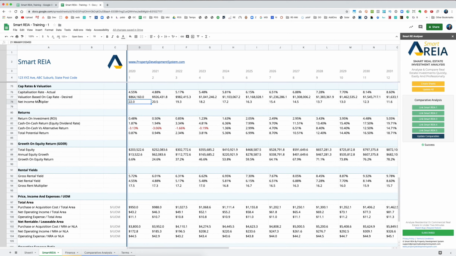And then when you're comparing 2, 3, 4 different property investment options, that's the time you want to compare this. Some could be 30, 33, 30x or whatever that number is. But what you can do is compare what the net income multiplier is going to be.